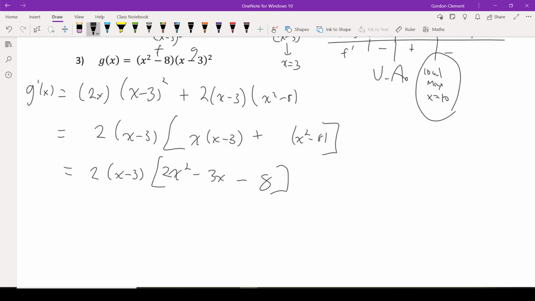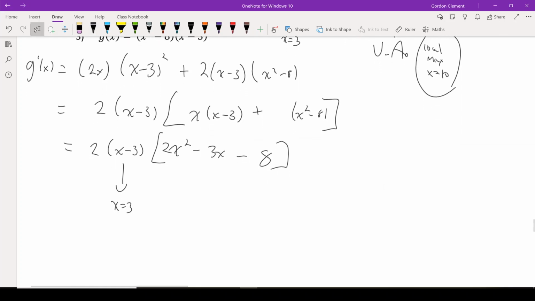When you clean up that square bracket, that's what you should get. So 2x squared minus 3x minus 8. So we have x equals 3. And this second bracket there, you can check it does not factor. So once more, we're going to go to that quadratic formula. So negative b plus or minus.